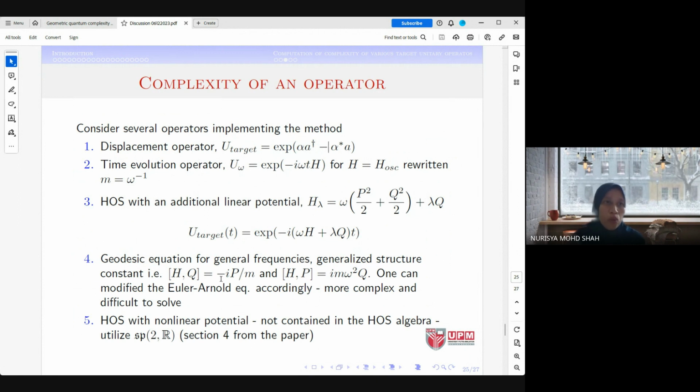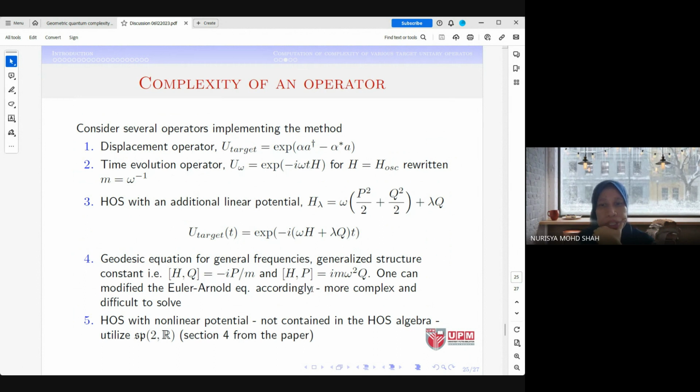They also look at the complexity of an operator if the geodesic equations are for general frequencies, or in other words, if we try to look at a generalized structure constant. For example, they allow HQ having minus P over M, and then HP having those. Of course, you can modify the earlier Euler-Arnold equations accordingly.